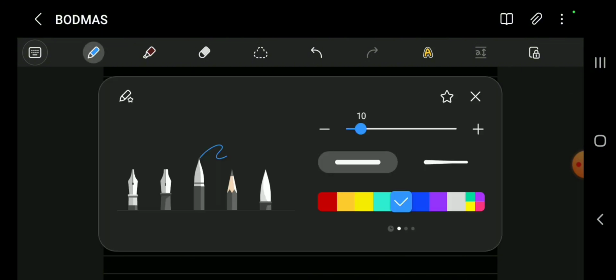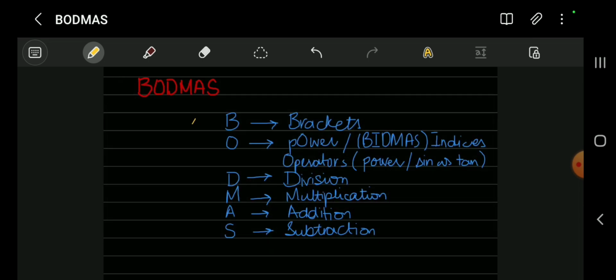How are they in this sequence? This tells us that whenever in any expression we have brackets, first we are going to solve the brackets, then, mostly at your level, you are going to deal with the powers. The power means square, cube, anything like this.